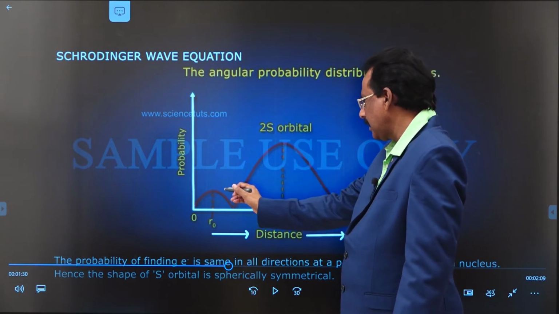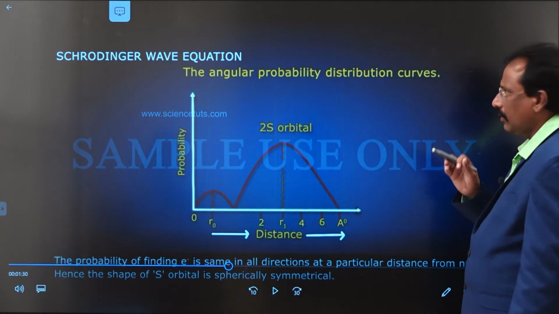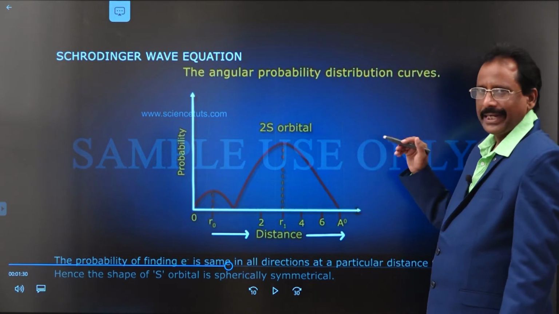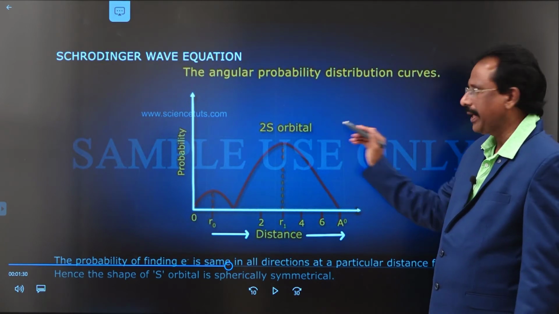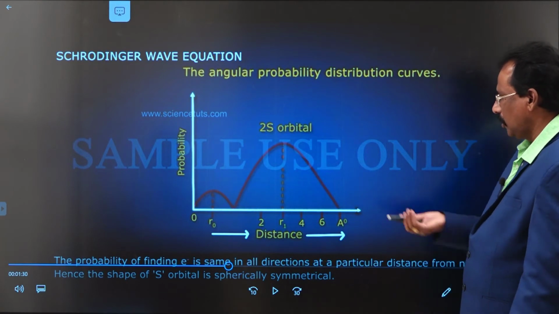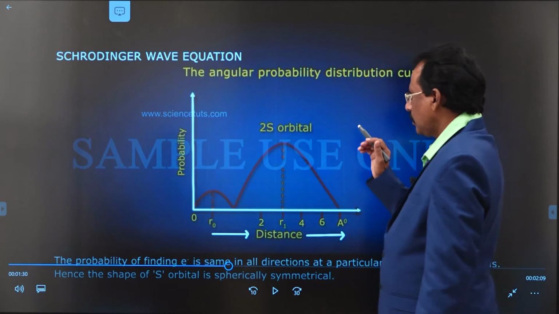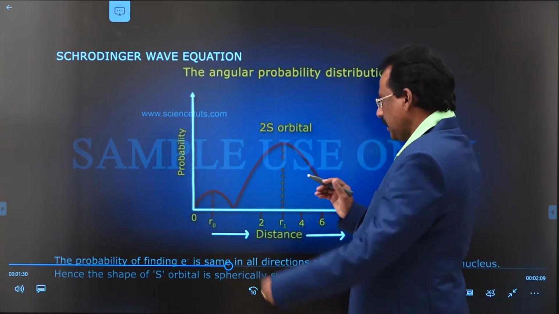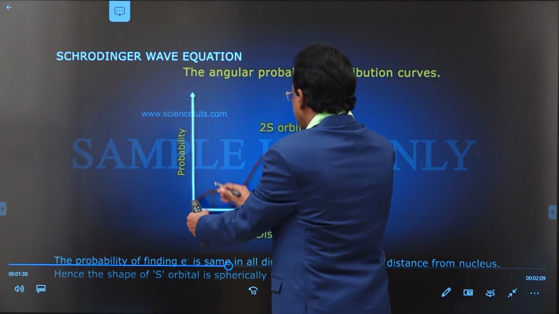One is at 0.529 angstrom and the other one should be at 0.529 into 2 square angstrom, that is nothing but 2.016 angstrom. So this is the shape of the 1s orbital, spherically symmetrical.